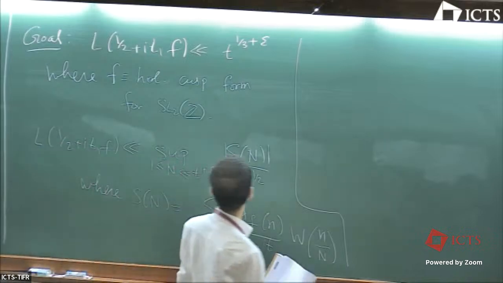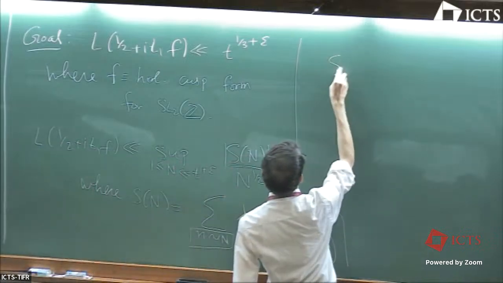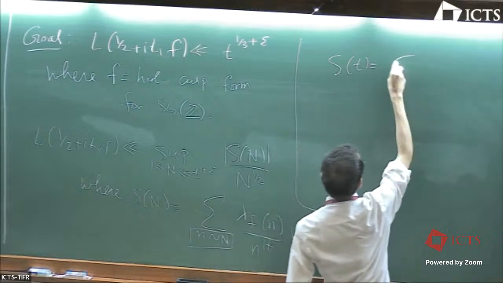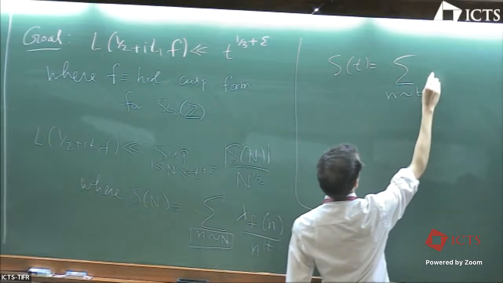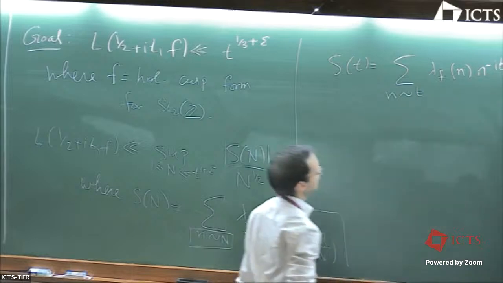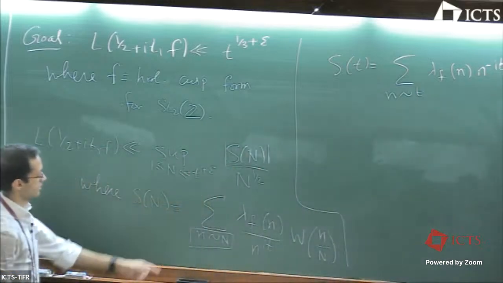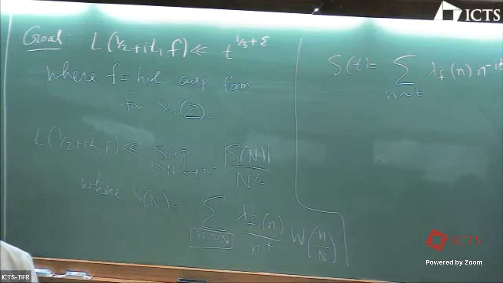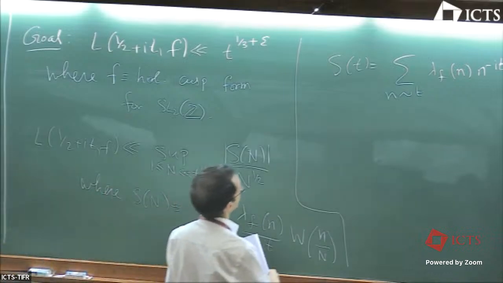The object that we're going to work with is something like this. There's a smooth bump function which captures the size of the index small n, and then we are going to apply the delta method right away.